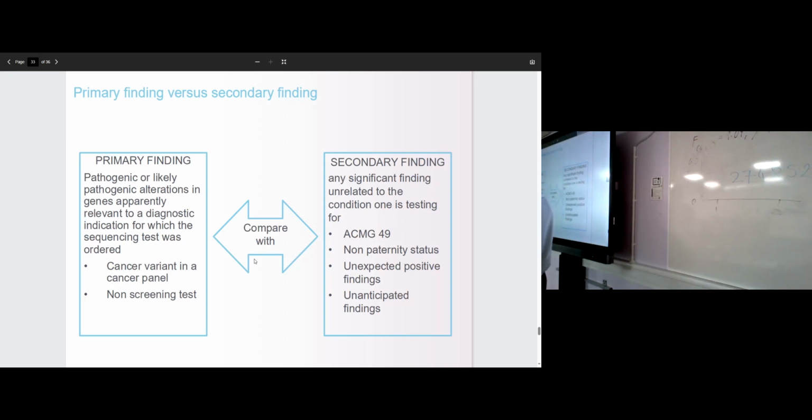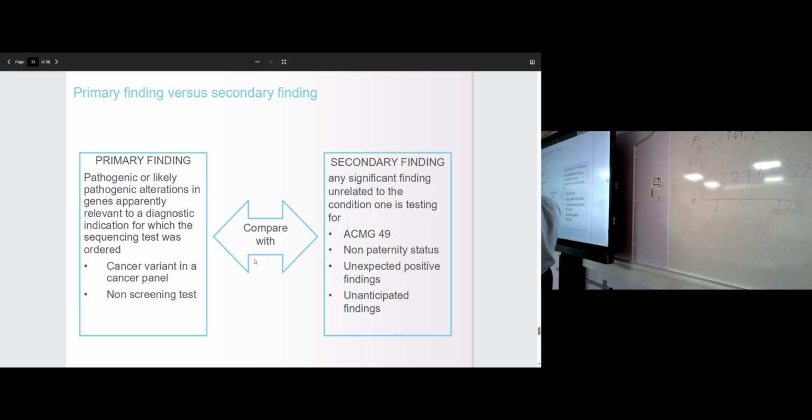But we can also find secondary findings or incidental findings. Because when you do the whole sequencing of the genome, you're going to look at every gene in the organism. You may find other variants, other pathogenic variants that you weren't expecting.